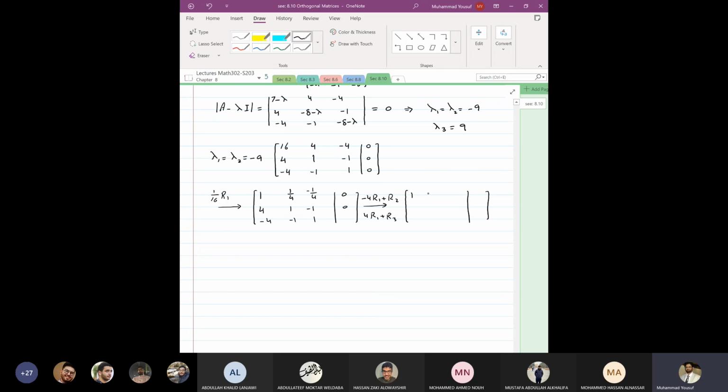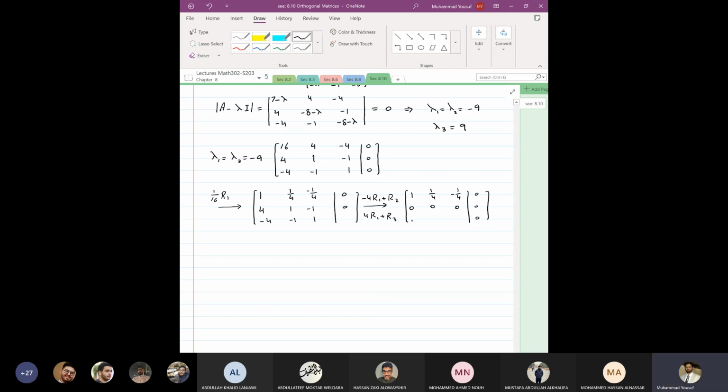So 1/4, negative 1/4. Negative 4 plus 4 is 0. When we multiply the second column by 4, we get 1 here. Negative 1 plus 1 is 0. And the third column multiplied by negative 4 gives positive 1, and then negative 1 is 0. This will always remain 0.